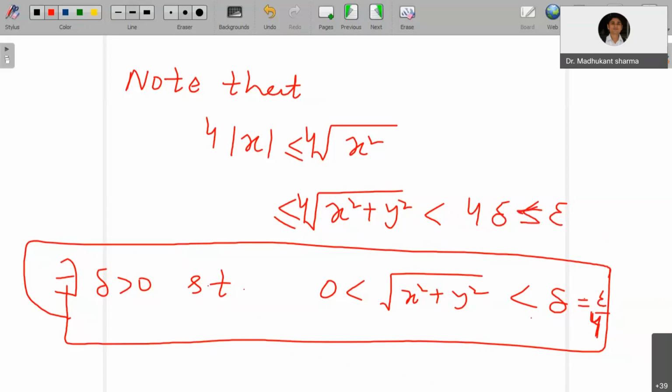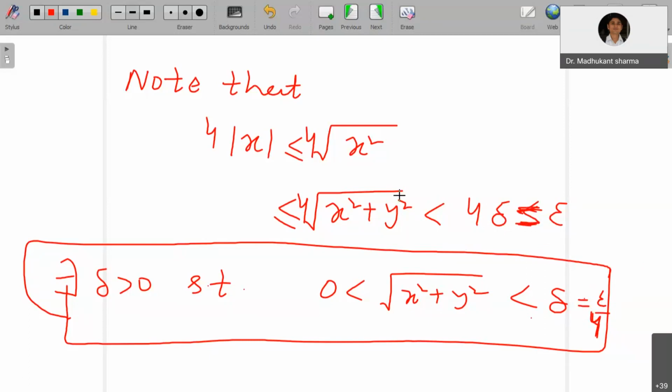I can say this is equal. So this establishes the definition. You can choose any number less than epsilon by 4, or you can choose it equal to epsilon by 4. Both will be okay.